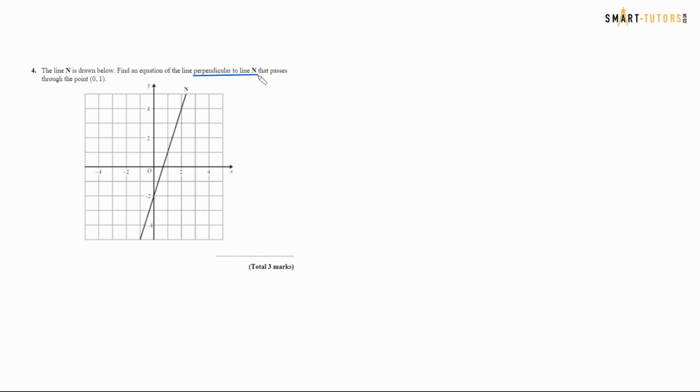First of all, the gradient of the line n. So how can we find the gradient? I'm going to find out the gradient by constructing a right angle triangle, or you can do a 2-point system.